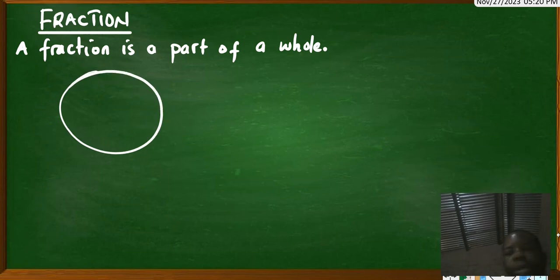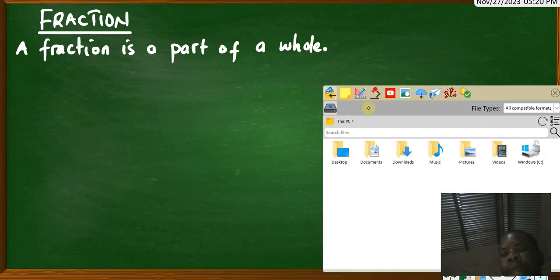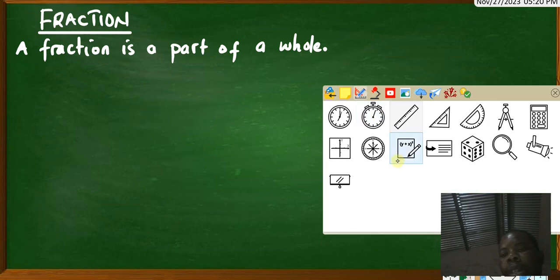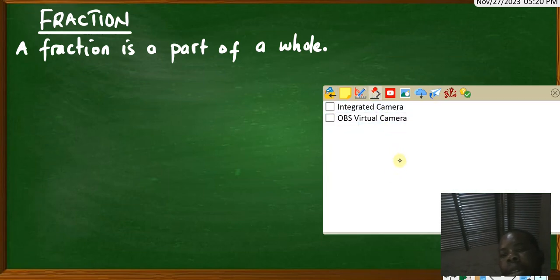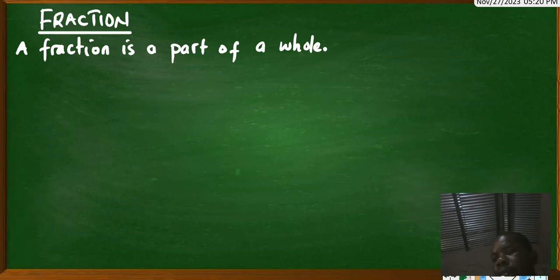Let me just not use this one here, it's not good. I think I can get shapes from my library here. Let me see if I can have some shapes where I can draw a circle. Do I have something like a circle here? No, this one doesn't have tools. I think I can get it from here.